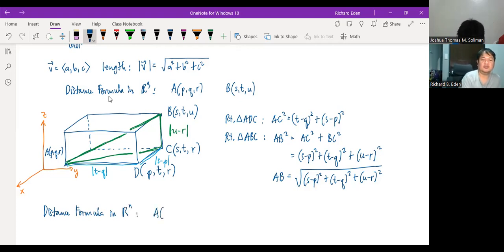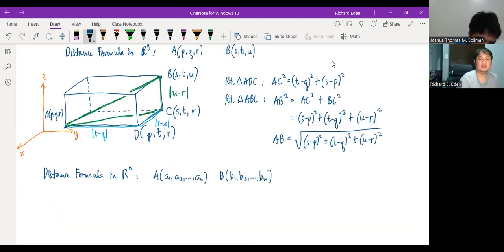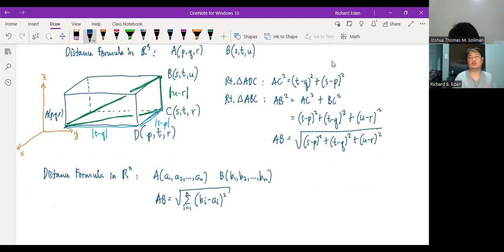If the coordinates of A are a1, a2, all the way to a sub n, and the coordinates of B are b1, b2, all the way to b sub n, then the length of segment AB is the following. You take (b sub i minus a sub i) squared, and then add as i runs from 1 to n, and then take the square root.